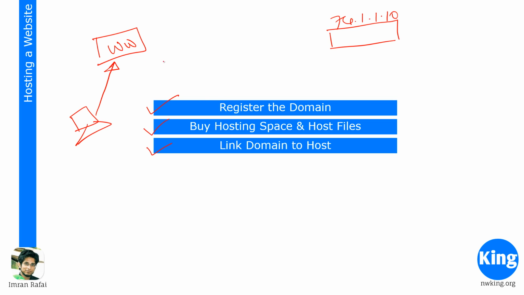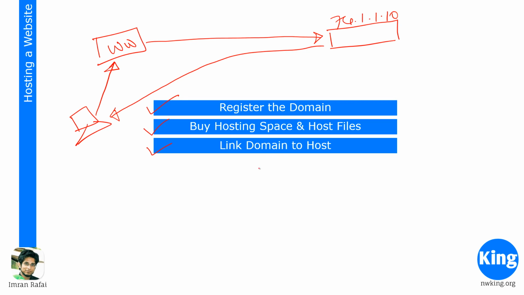This computer would send the request to this server where you host the files, and this server will send the files back to your computer, and your computer will display the website. And that is how it is done. So this part, the linking between domain name and host, is done.